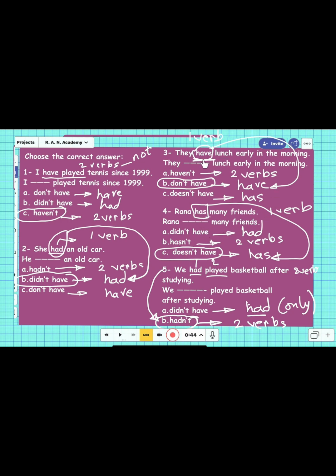But if you see two verbs, had played or have played, you have to put not after the first verb, or after verb to have. Study your lessons very well and pay attention to the grammatical rules because they are very important in your studying English.